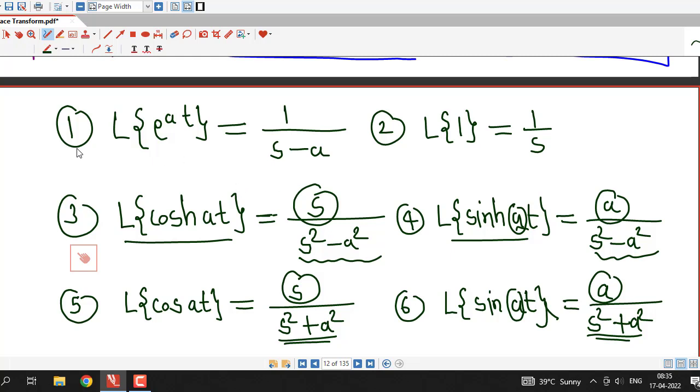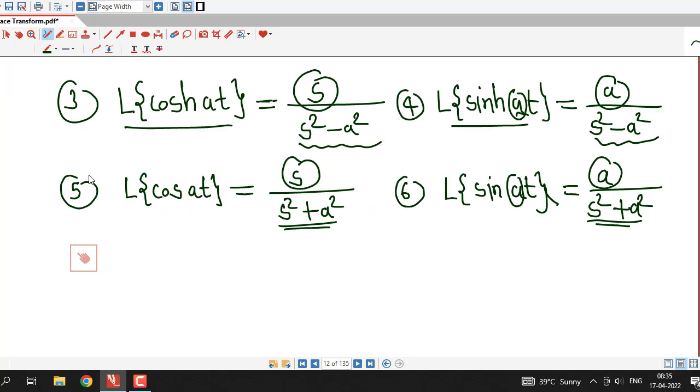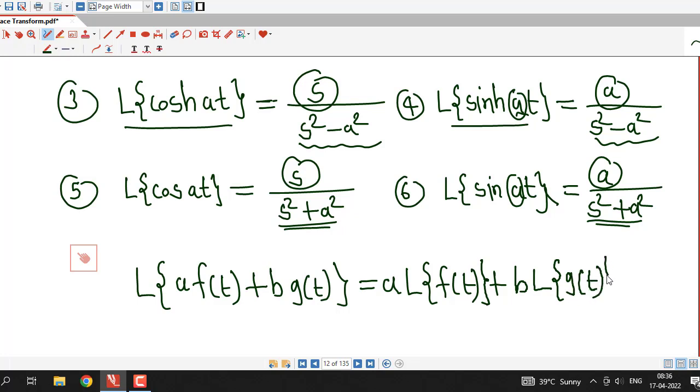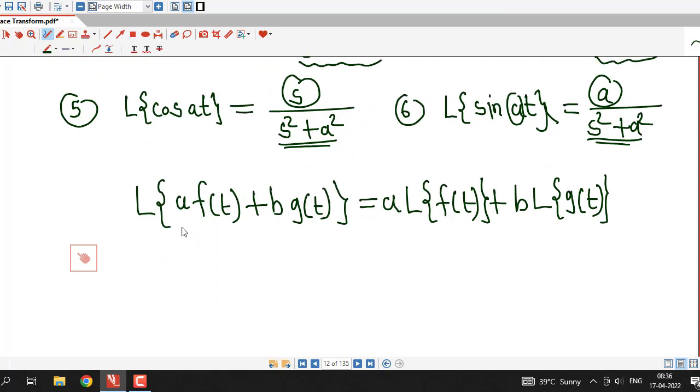We will require all these formulas in upcoming lectures, and of course we should remember that linearity property, Laplace transform of a into f of t plus b into g of t is given by a times Laplace transform of f of t plus b times Laplace transform of g of t, where a and b are constants, f and g are functions of t, and this is valid for n number of functions also.